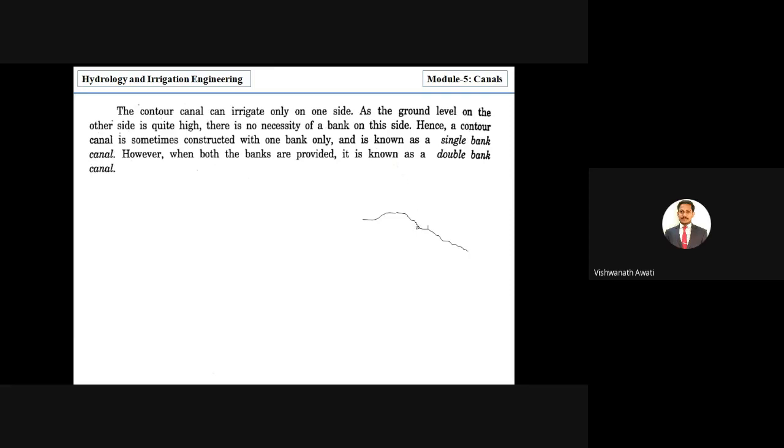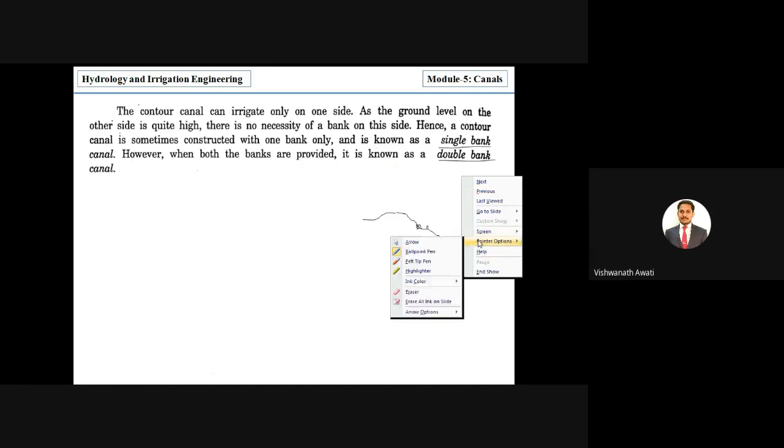So there is no necessity of constructing a bank on that side because a barrier already exists. If you construct only one side, it is called a single bank canal. And if both sides are constructed, it is called a double bank canal.